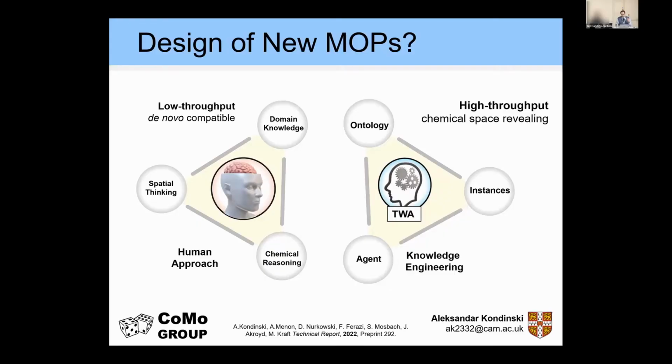The advantage of this is that it can be scaled up, it can go high throughput, and we can reveal the chemical space that is reasonable, that is actually useful to people in labs, and also, for example, to people who may do DFT, because the suggestion is what a chemist would suggest.